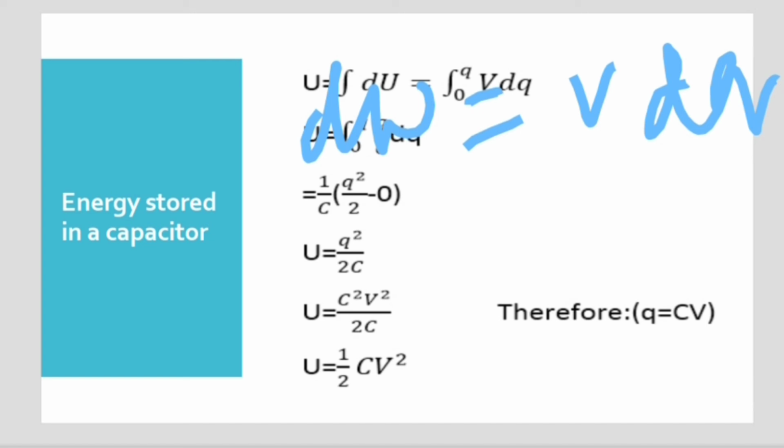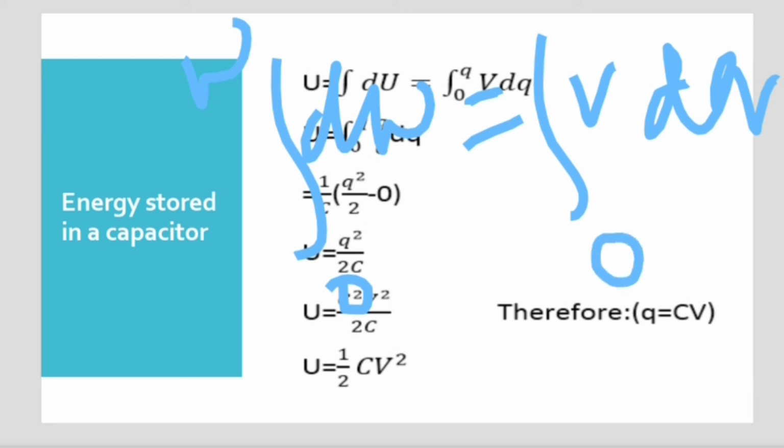Now this charge bringing process will continue for some time, so we need to do the integration to get the total value, from 0 to capital Q or small q. We are bringing dq amounts of charge to have a proper q amount of charge.